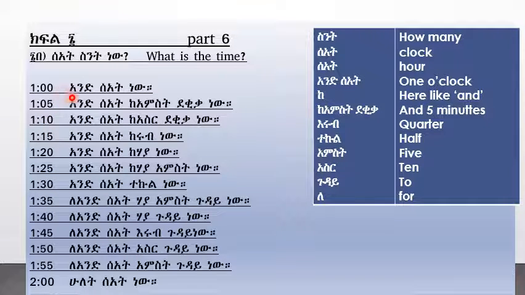Then write down the time in Amharic. Understand? Instead of from 1 to 2, you write from 2 to 3, then practice. That is your exercise. Good.